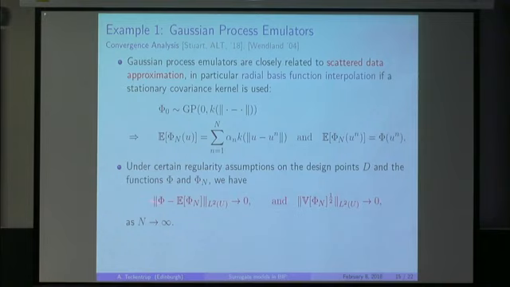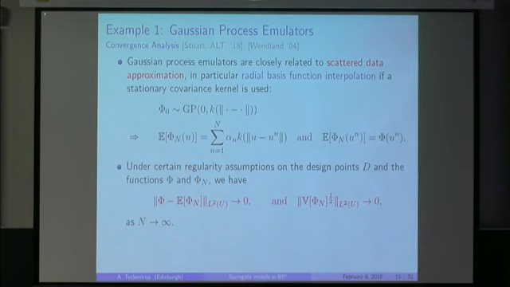Okay. And the variance of the Gaussian process emulator, or the standard deviation of the Gaussian process emulator, goes to 0. Okay. So you can say that the Gaussian process emulator phi n tends to the true function phi as n tends to infinity, exactly in this form, in that the mean of the emulator tends to the true function and the variance in the emulator goes to 0.